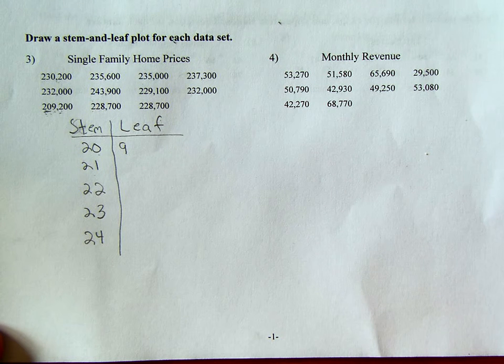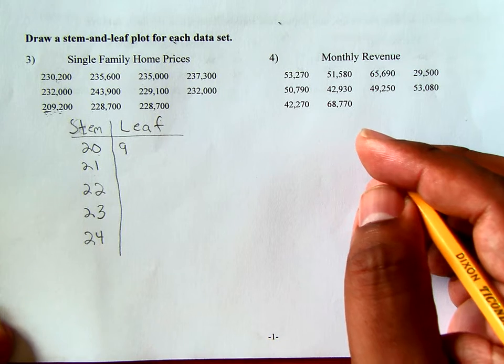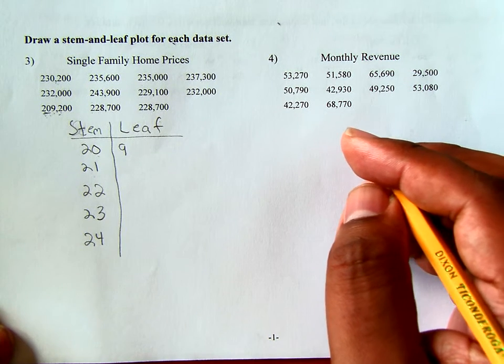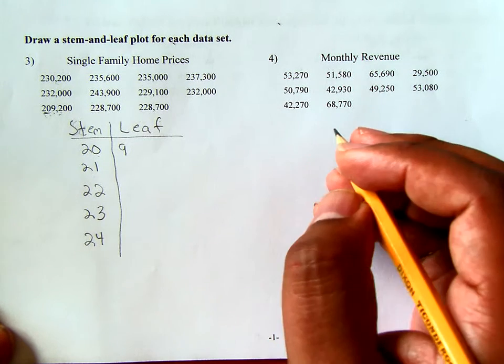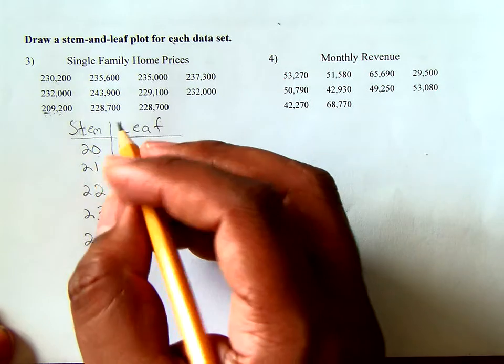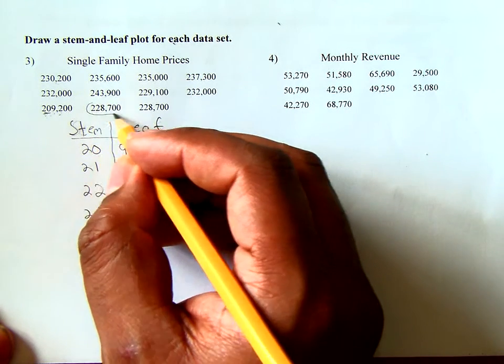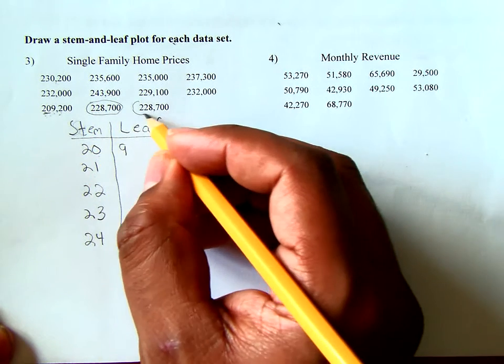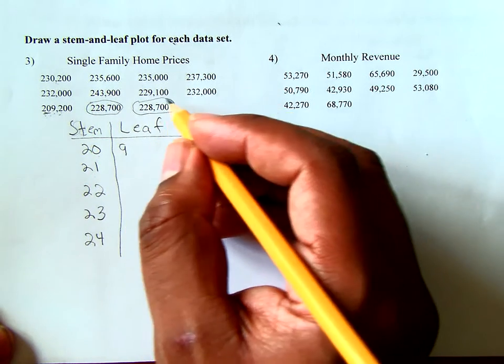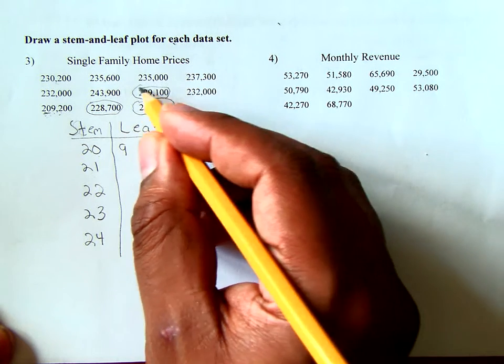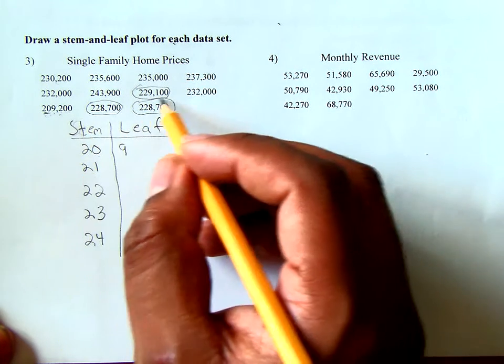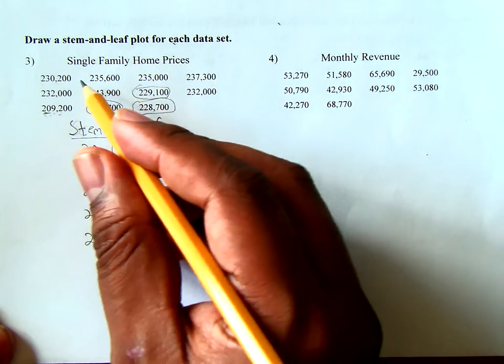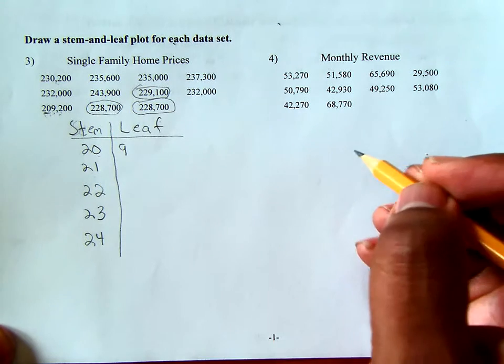Okay, now for 22, we're going to look and see, and we'll put them in numerical order. Alright, I'm just going to circle all the ones that have a 22 in front of them. And that's it.